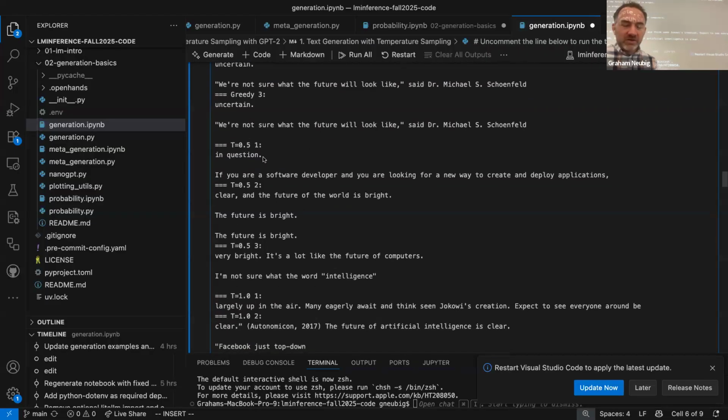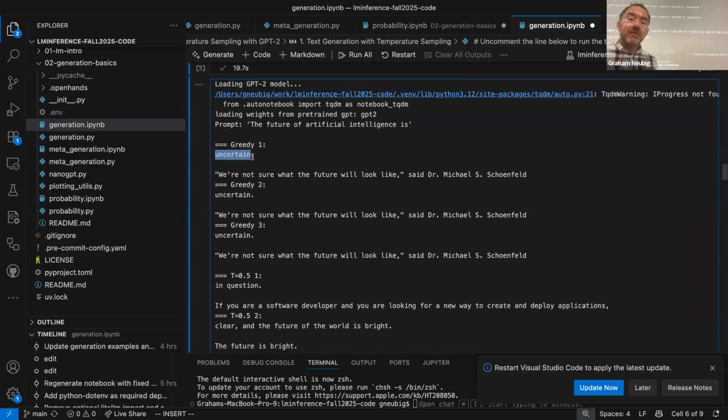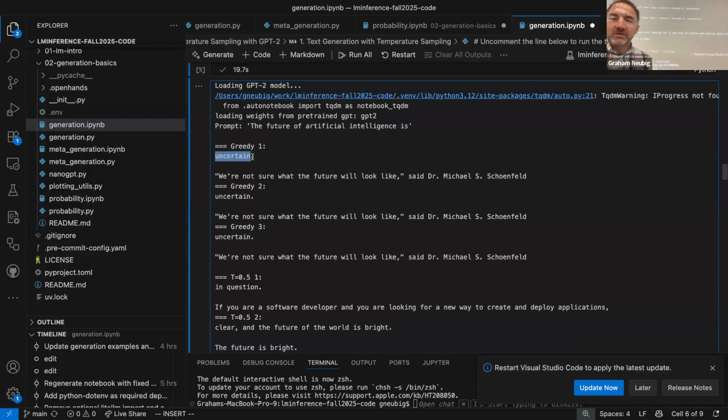One piece of knowledge about greedy decoding that I should say before it drives you crazy: when you do greedy decoding, will you always get the same result? I got the same result 3 times. Yes?